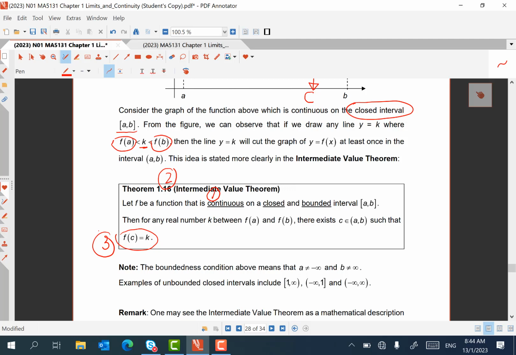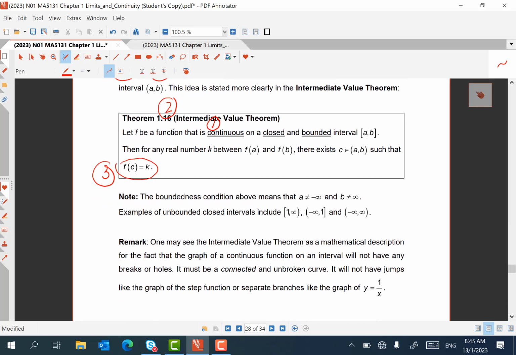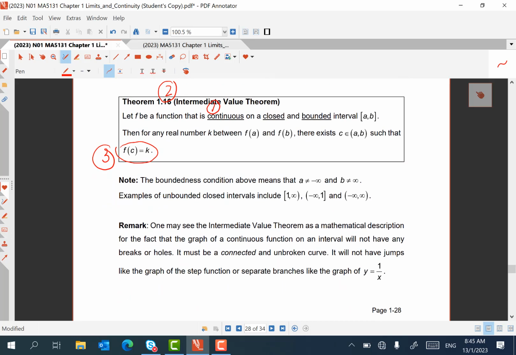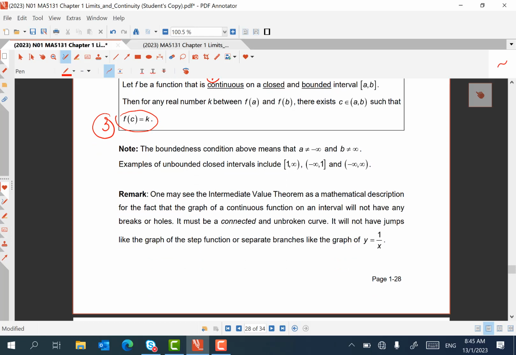Okay. So we're going to look at some examples later. Here's a remark. It must be connected and unbroken for it to be true. Here, I cite an example.